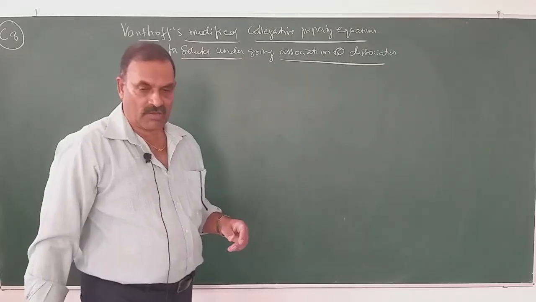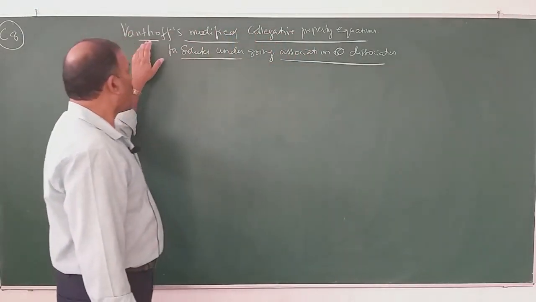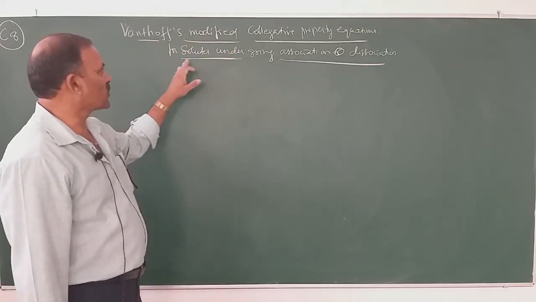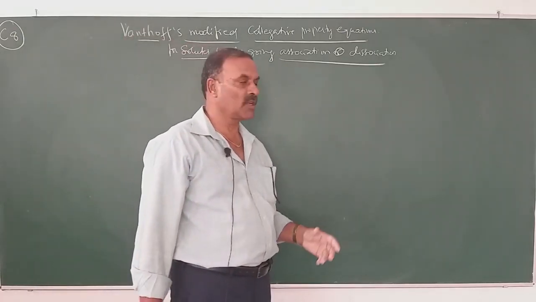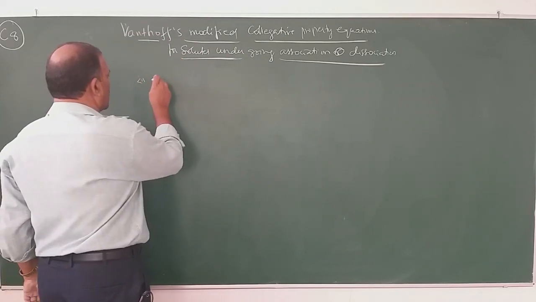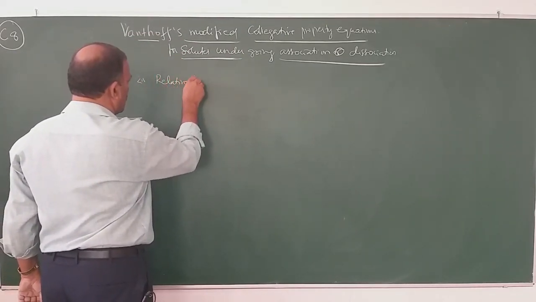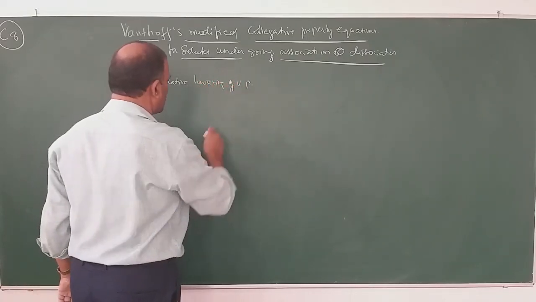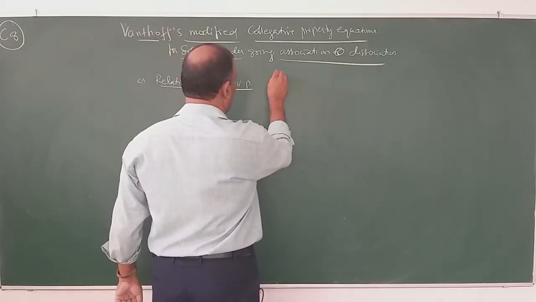So lastly, Van 't Hoff's modified colligative property equations for solutes undergoing association or dissociation in solvents. So first, relative lowering of vapor pressure. So this is the first colligative property. What is the equation we have derived?